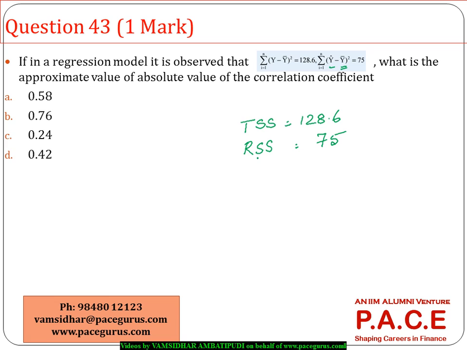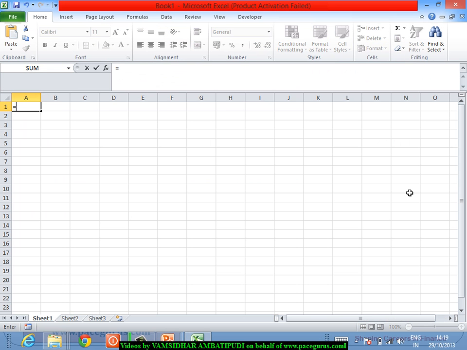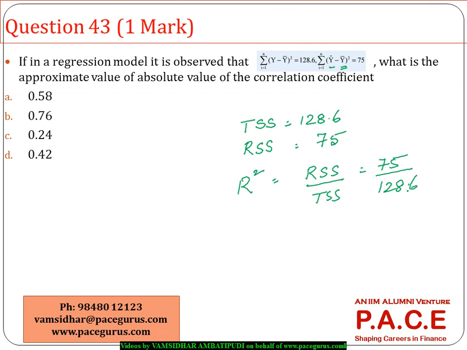So it's asking what is the approximate value of the absolute value of the correlation coefficient. Now we know r squared is nothing but regression sum of squares by total sum of squares, which is 75 divided by 128.6. Let me check what that number is. I'm doing 75 by 128.6, which works out to almost 0.58, right?